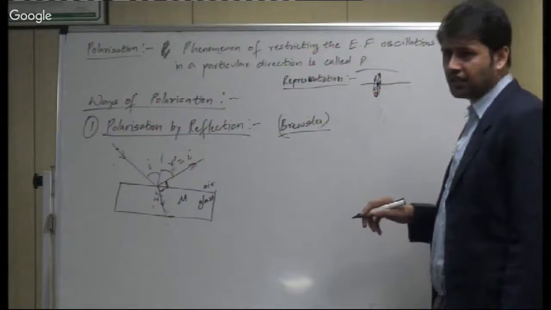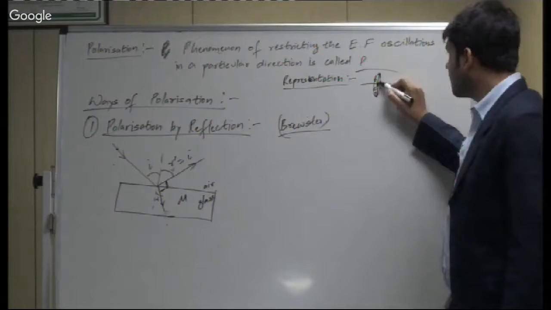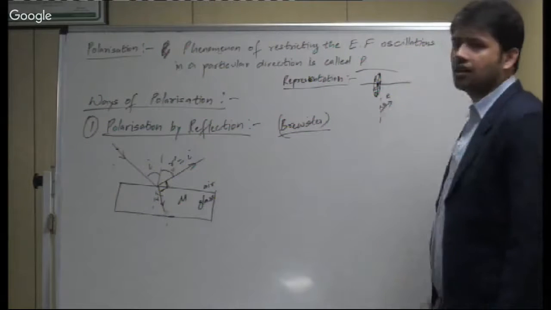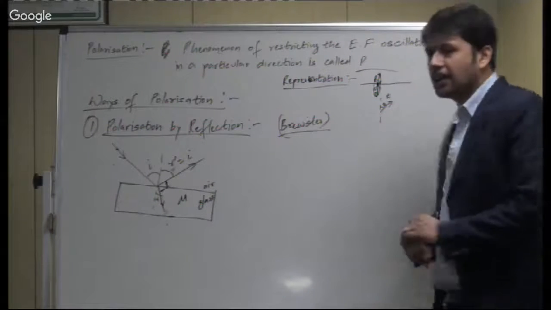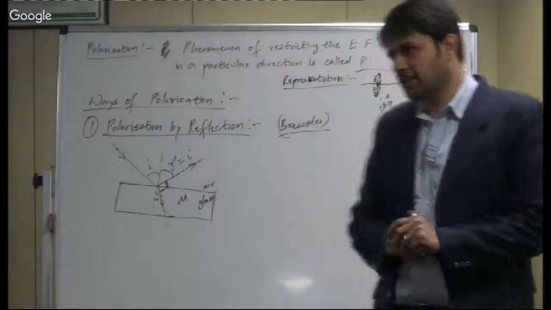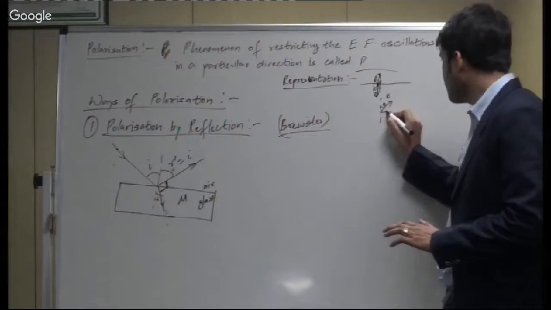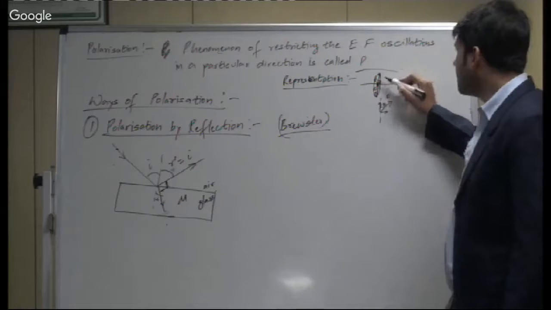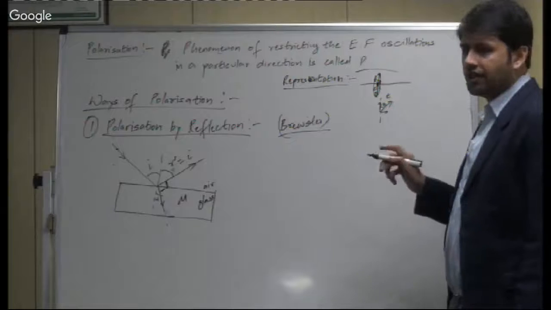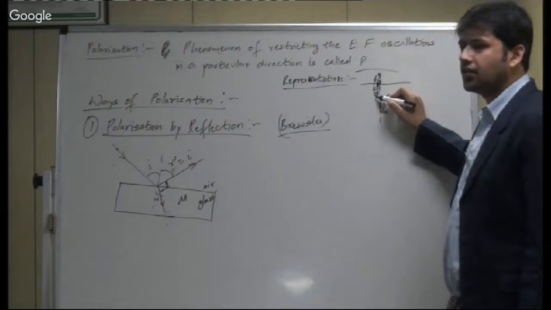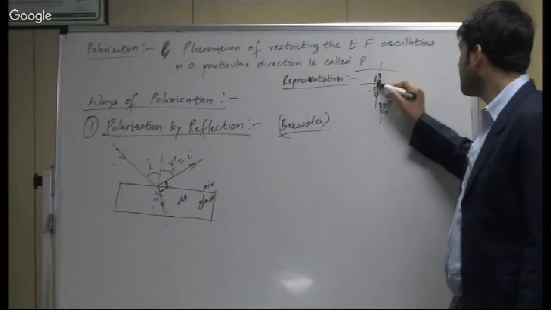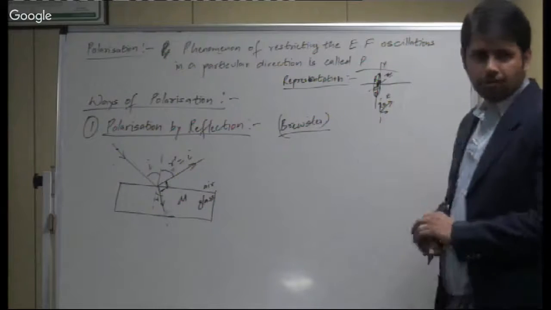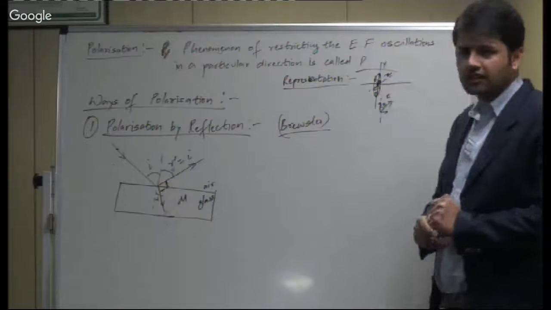Any electric field vector at an angle theta with the vertical axis, we can split into two components, horizontal and vertical. So we can split all the electric field vectors into components, one along the y axis and one along the z axis.